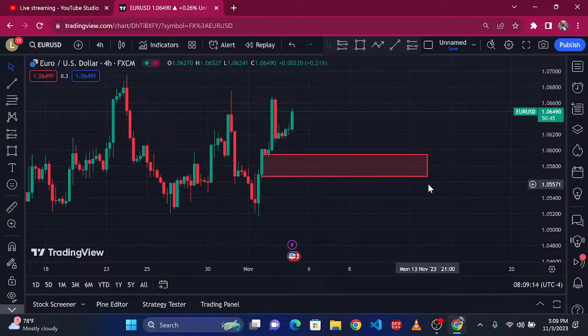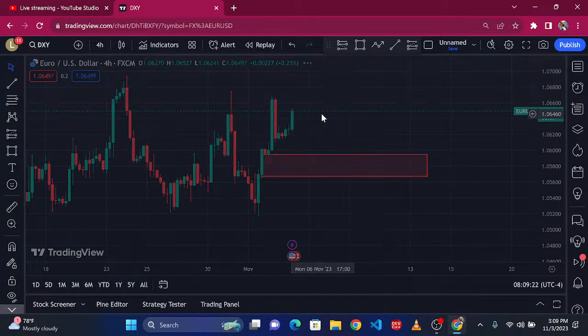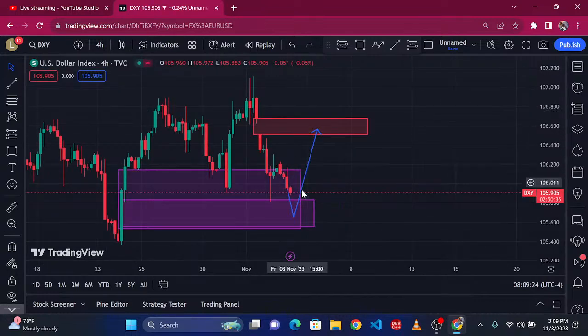Like, remember, this is Euro USD, it is buying, and this is DXY, it is selling. So they are moving in different directions, but they are correlating. If Euro USD is selling, DXY will be buying. They will never go in the same direction. So they move in different directions, but that is also a correlation.